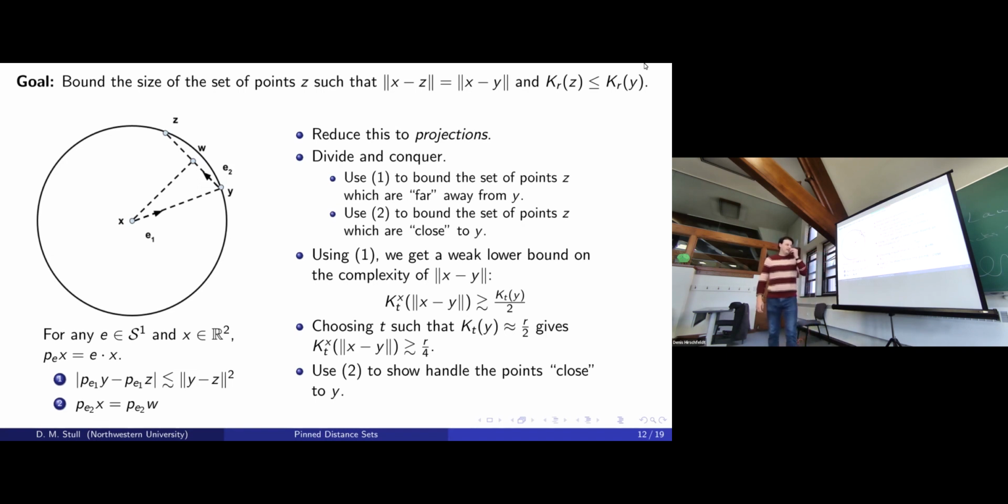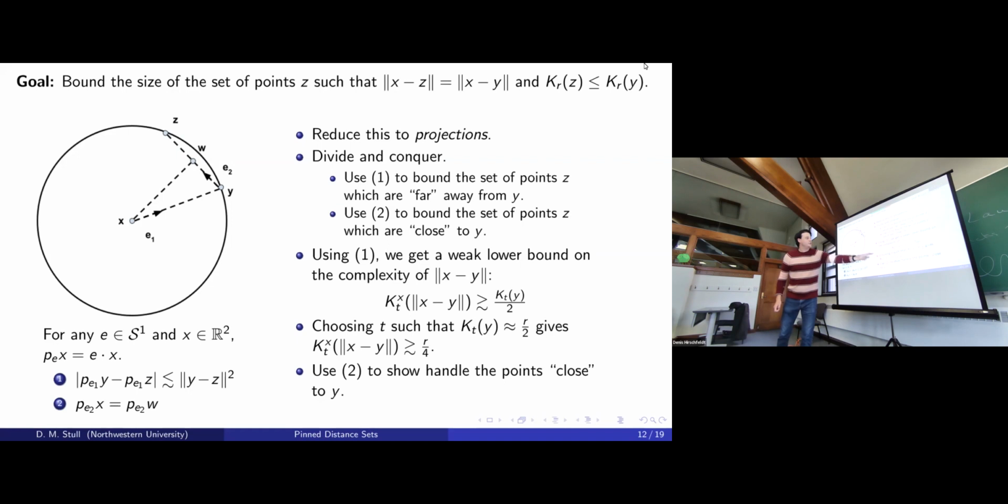So we're going to leverage that in the following way. When Z is far away from Y, we use the first bound and we get this weak bound. And then we're going to use the second equality to bound the points Z which are close to Y. It's an optimization problem, and I'll just tell you the answer.